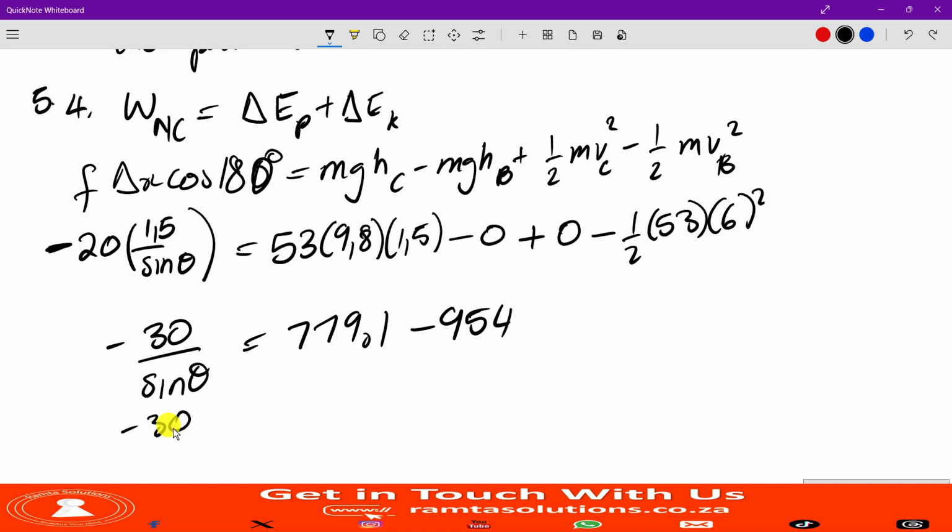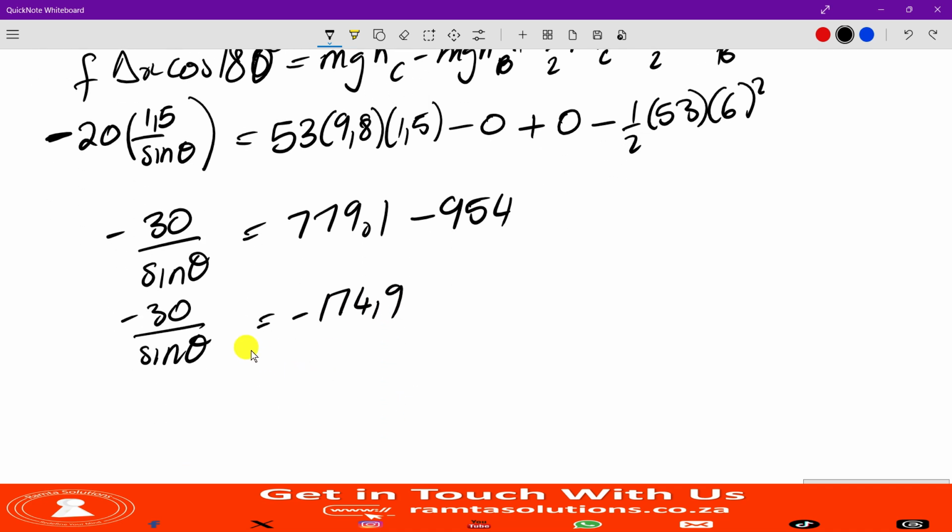So we have minus 30 over sine theta equals 779.1 minus 954. Let's see, this then becomes negative 174.9.